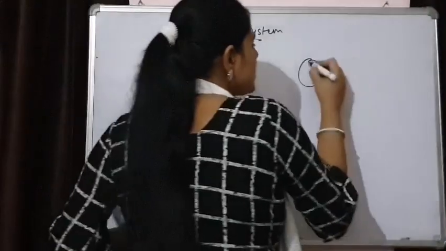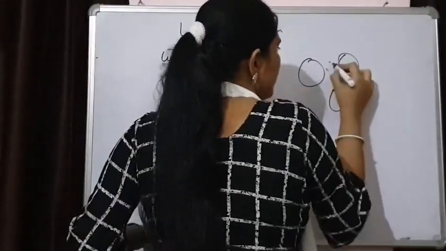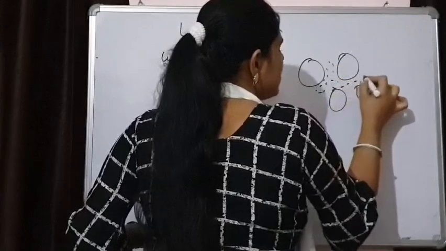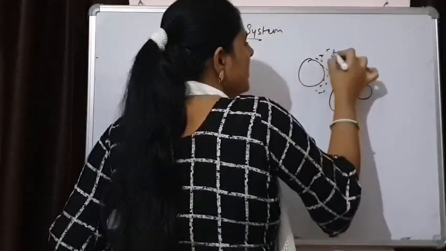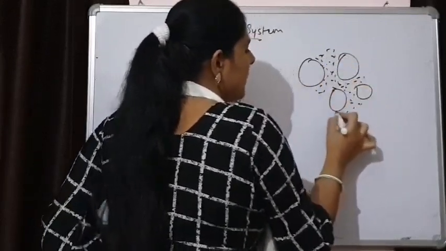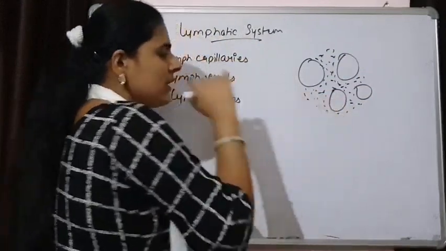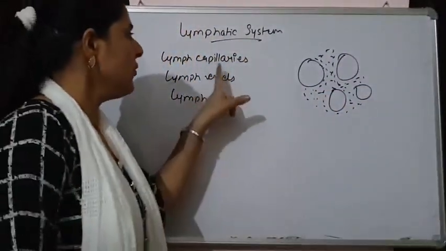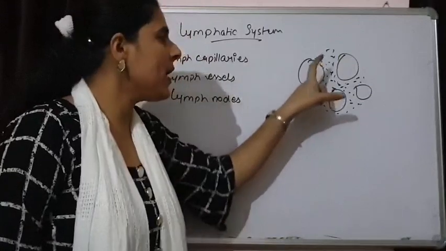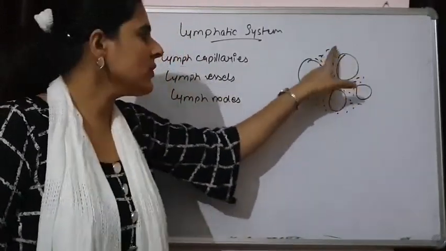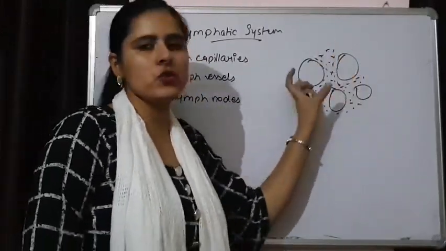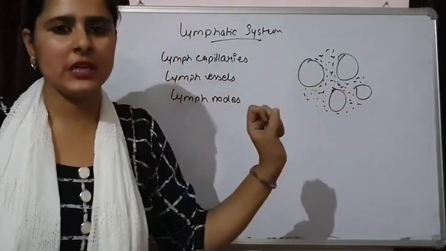This lymph is present between the tissues, in the spaces, coming from the leakage from the blood vessels. I am talking about the function also. The function of lymph is to keep our body cells moist. Because of the presence of this liquid, all the tissues and cells remain in moist conditions.